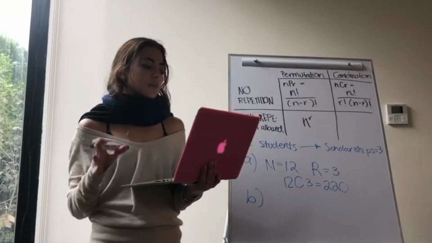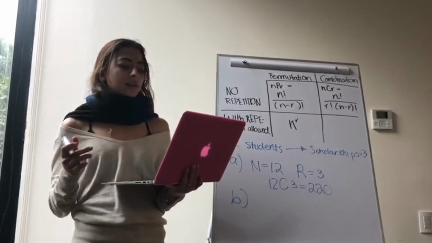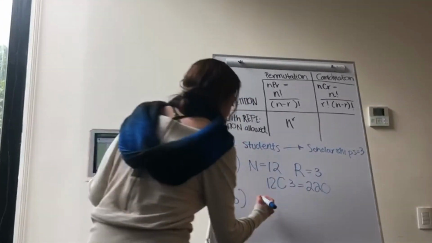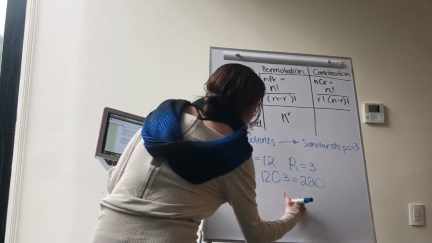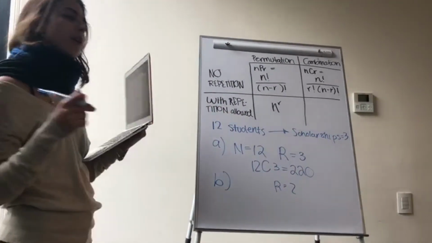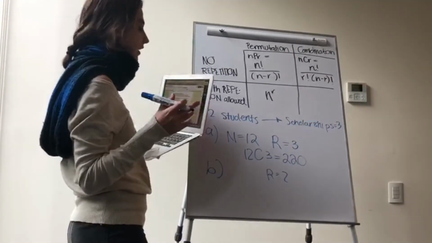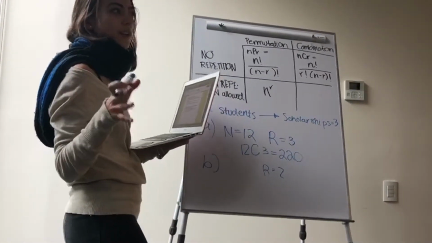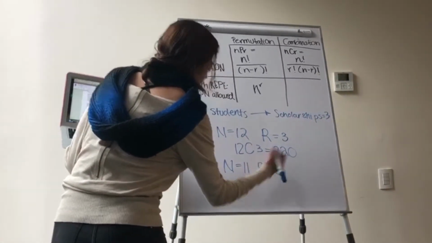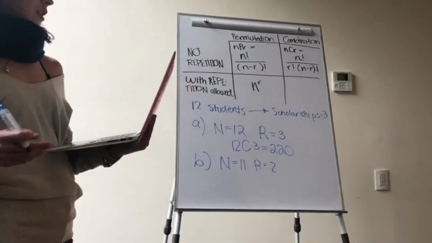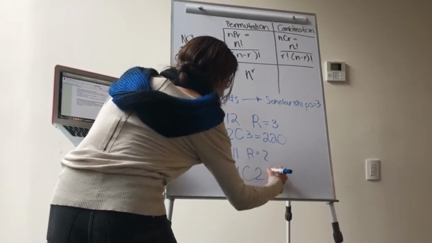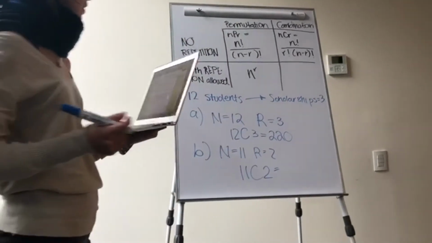Here you're sure Roberta is getting a scholarship, so we're going to subtract 1 scholarship. It's going to be R equals 2, and we're going to subtract also a student because she already obtained it, so it's going to be N equals 11. We put it in the calculator like this, and the answer is 55 ways.